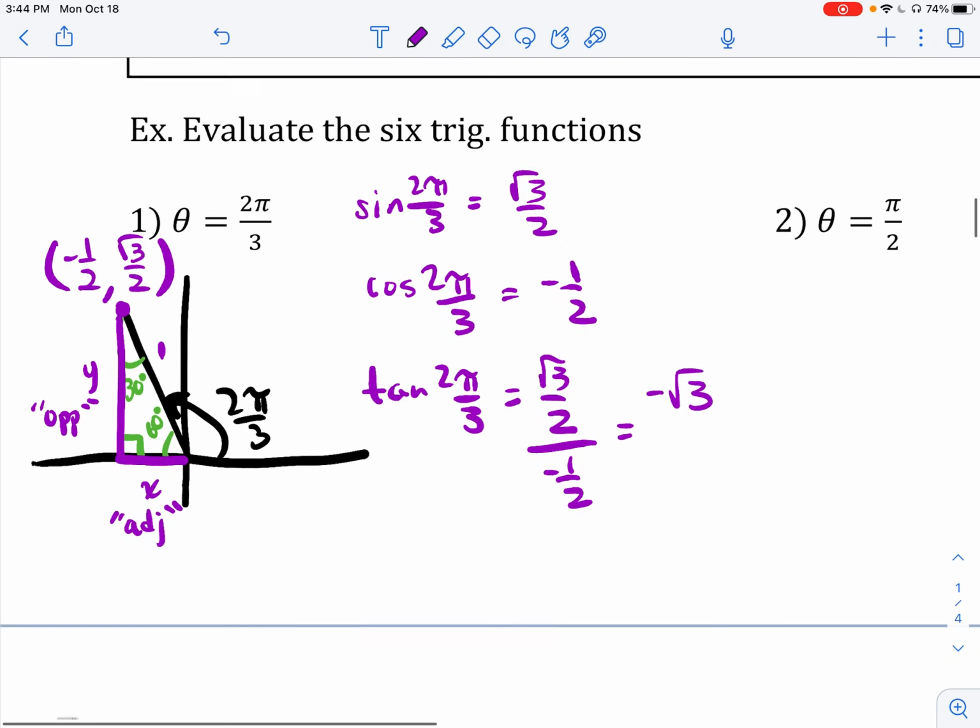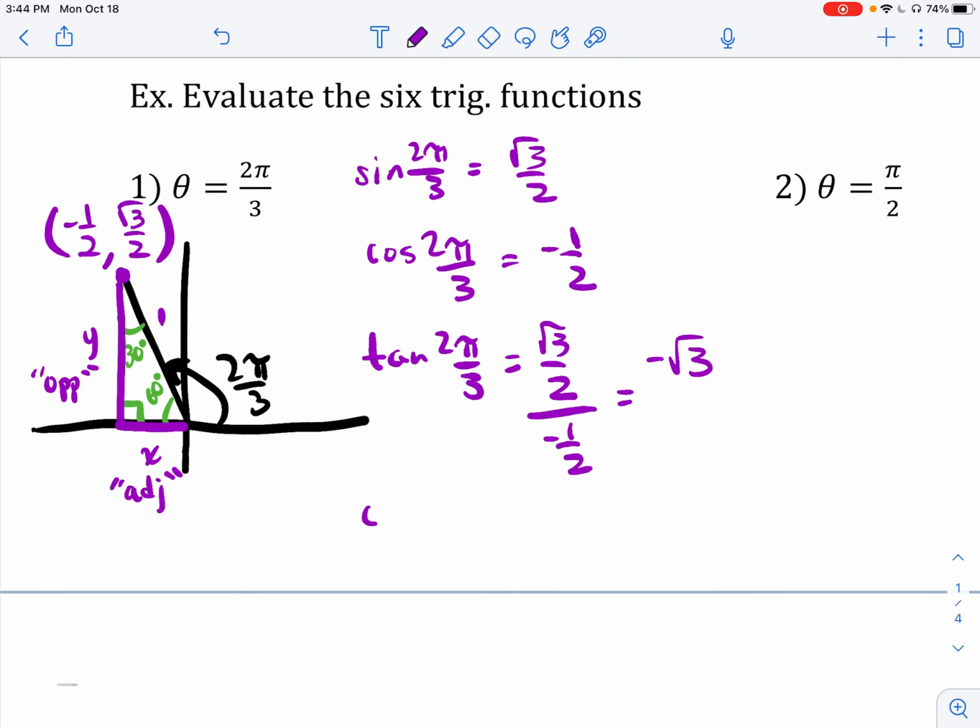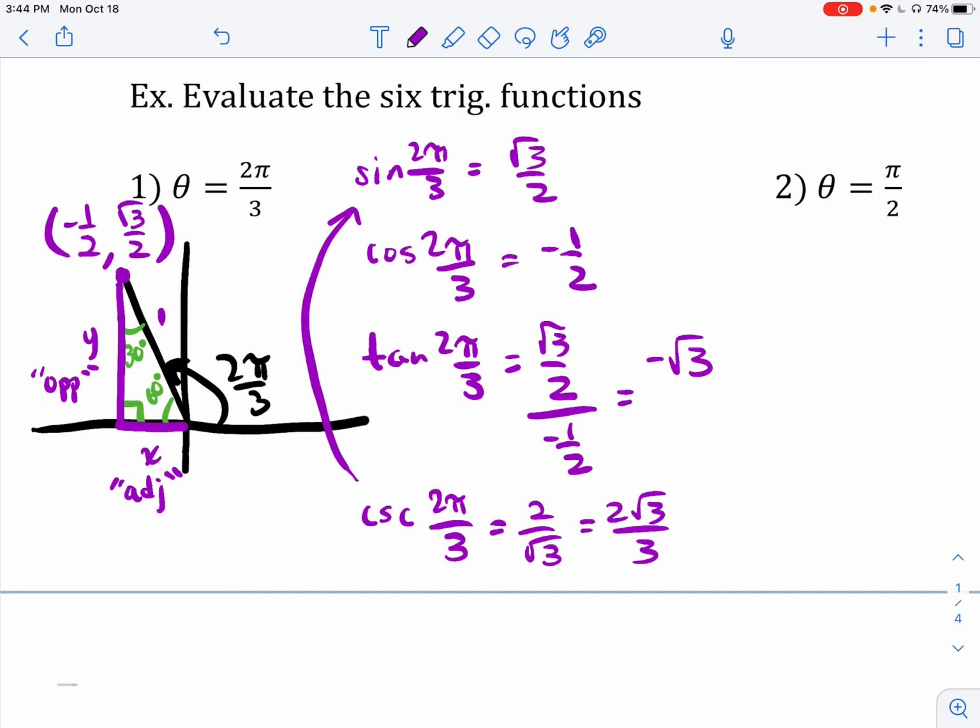And really quickly, I can also do my reciprocal trig functions. Cosecant of 2 pi over 3, now that I know sine, I know it's the reciprocal of that, which is 2 root 3 over 3. Secant of 2 pi over 3 is the reciprocal of cosine.